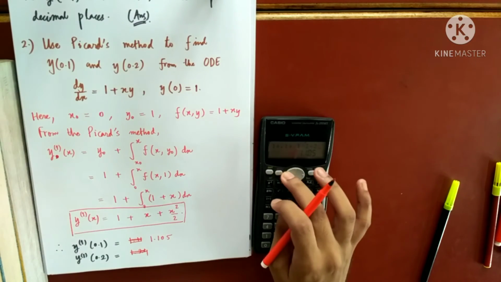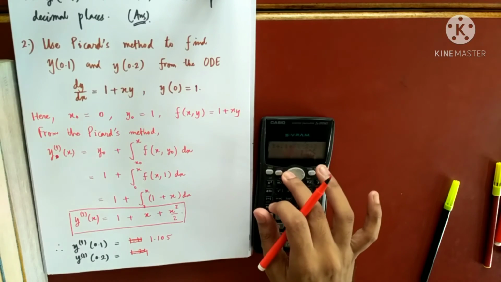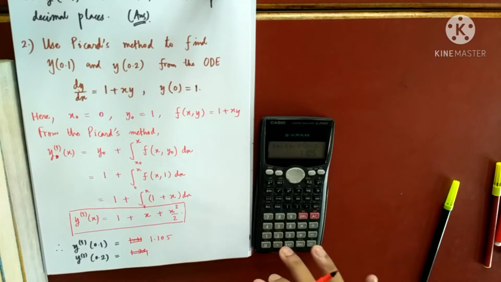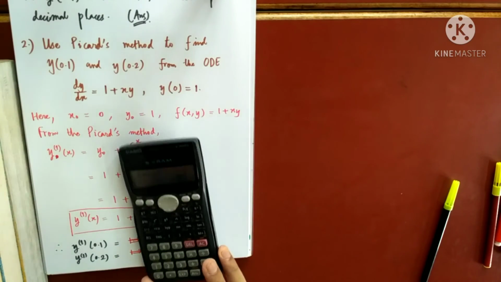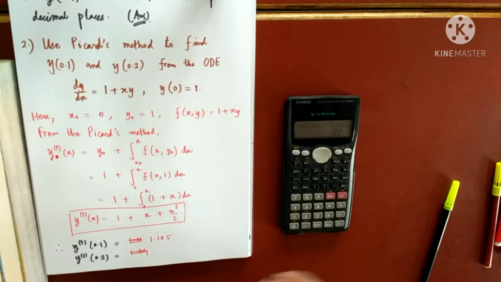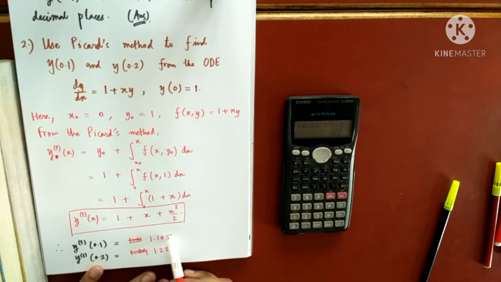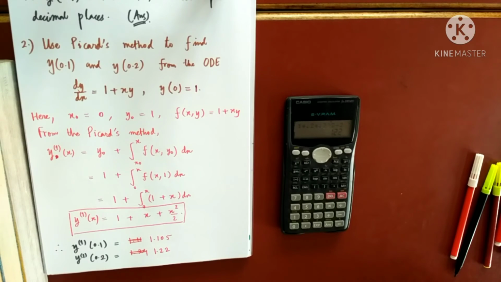So I am getting 1.105, and if I replace 0.1 by 0.2, I am getting 1.22. Remember, there is no link between these; we are basically doing two different questions, so we will just see the value of this and this.